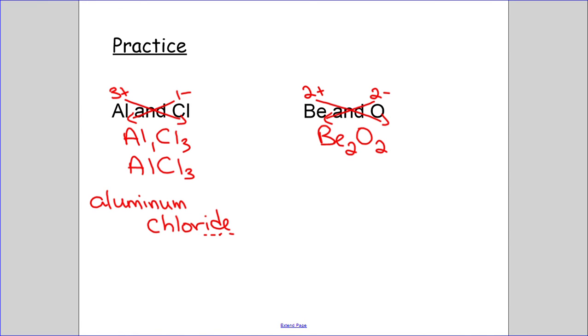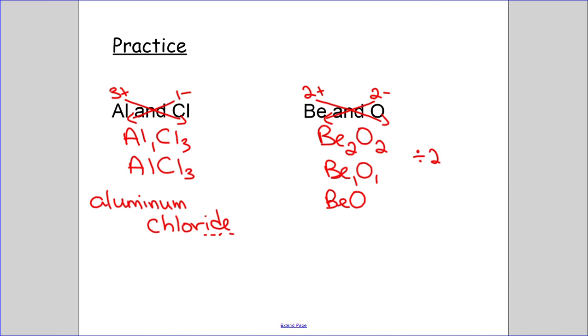I could divide each one by 2, and I could make it smaller. So I could really turn this into Be1O1 if I just divided by 2 for each of these elements. And the reason why I couldn't do it in the other one is because if I divided by any number other than 1, it's going to give me a decimal, and I can't have half atoms. They have to come into whole numbers. So now if I get rid of the 1s, really I have BeO as a final formula.